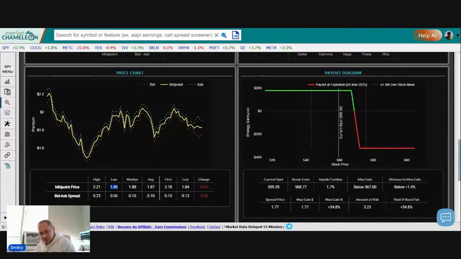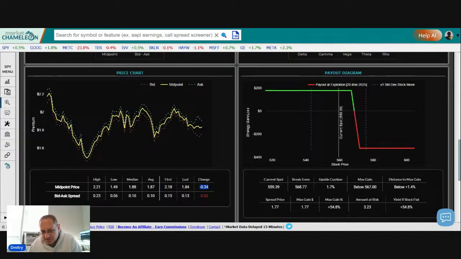It's a lot of volatility, right? Percentage-wise, it's a big difference in how the spread moves. And we could see from the start of day, it started out at 2.18 and at the end of day it finished at $1.84, down 34 cents.